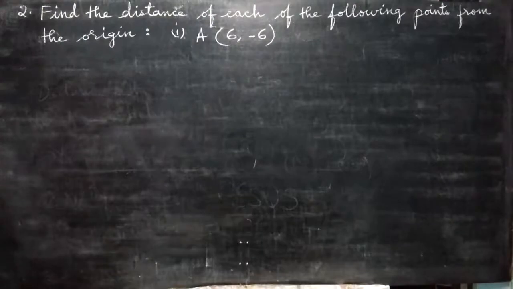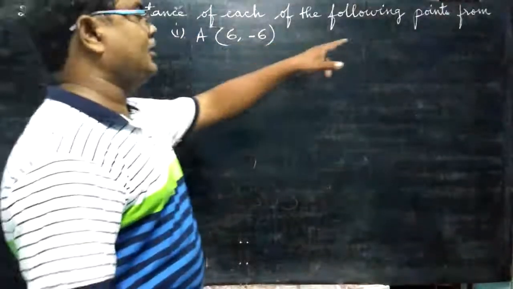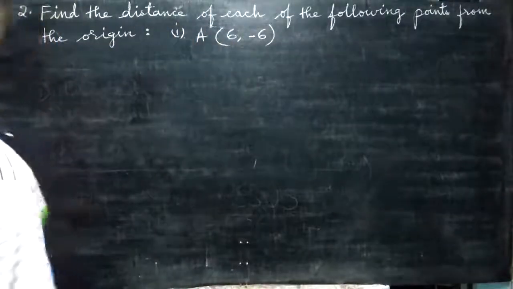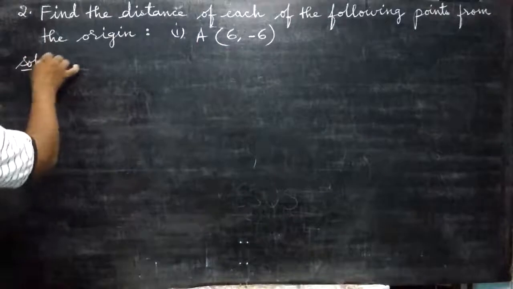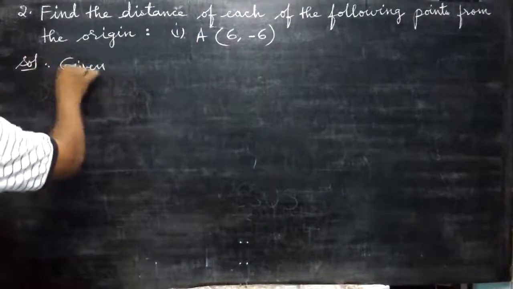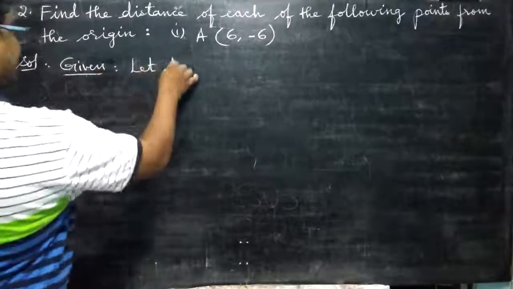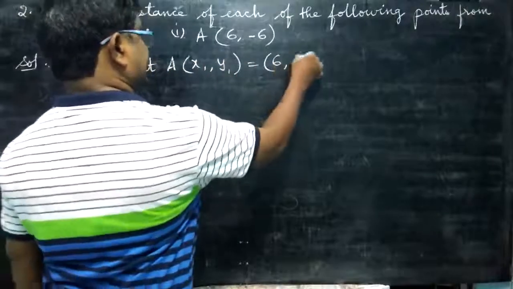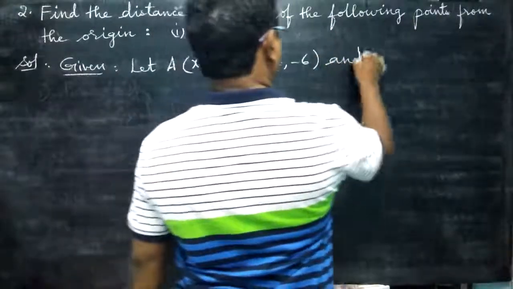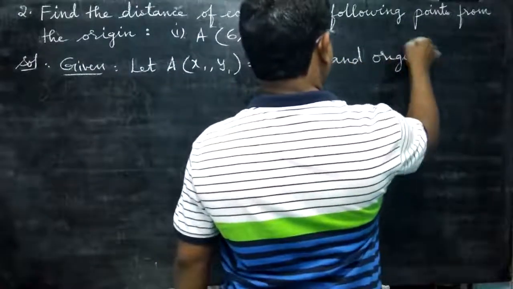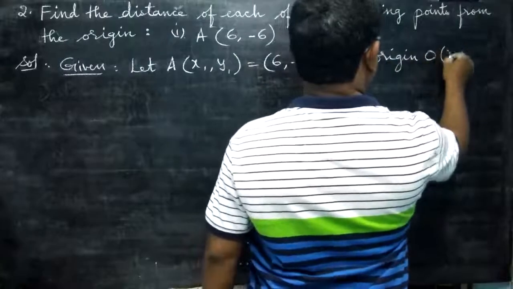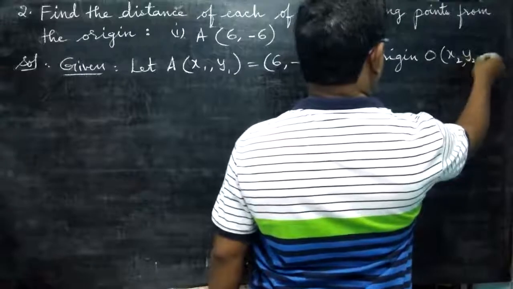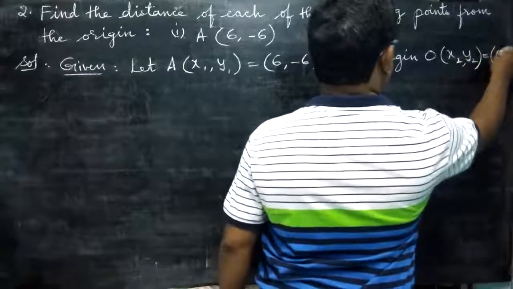Problem. Find the distance of each of the following points from the origin. They have given one point and an origin, so the formula changes. Solution. Let A be one point, x1 comma y1 is equal to 6 comma minus 6, and the origin O we represent as x2 comma y2, because one is already completed, is equal to 0 comma 0.